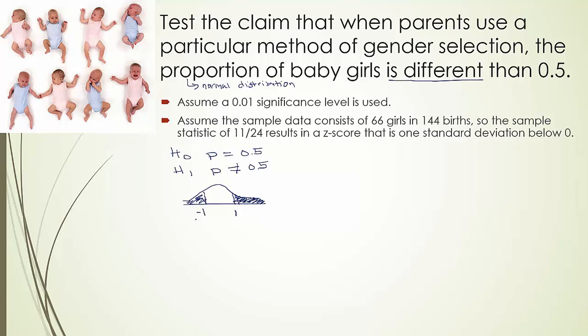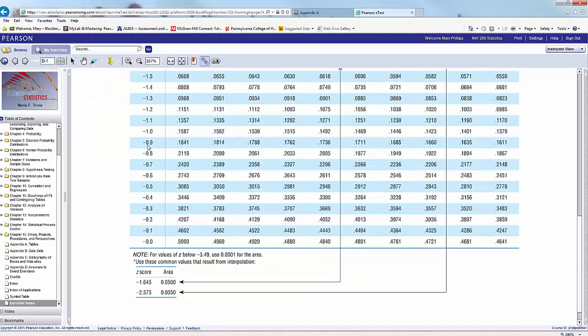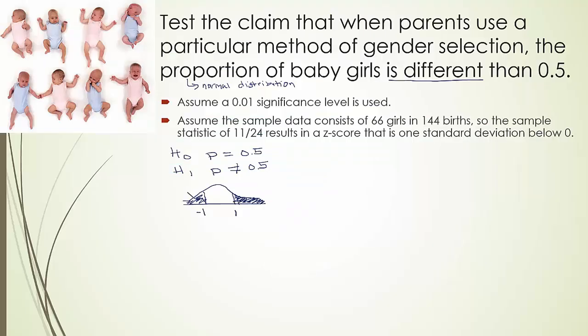We have to look up the -1 to figure out the area, and we do that with our z-score table. For -1, we get an area of 0.1587. So this area right here is 0.1587. And by symmetry, this area right here would also be 0.1587.